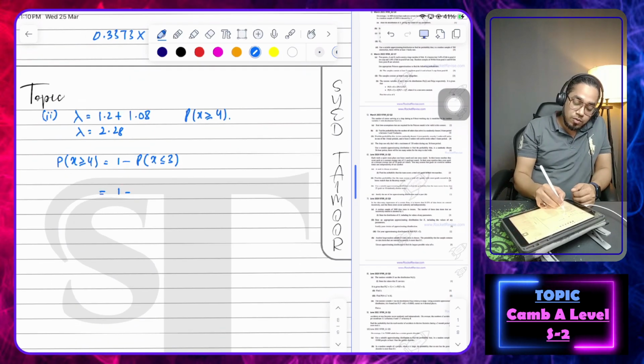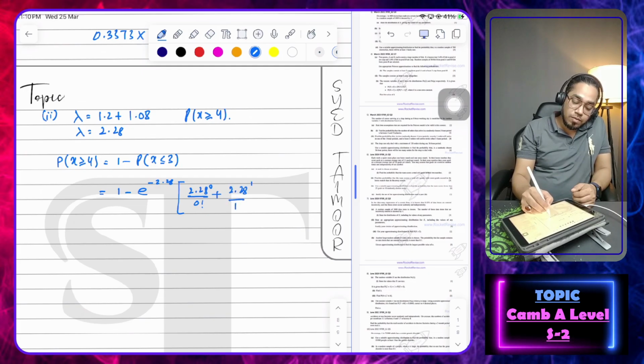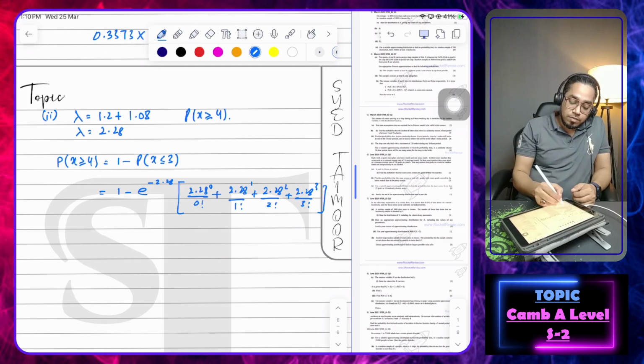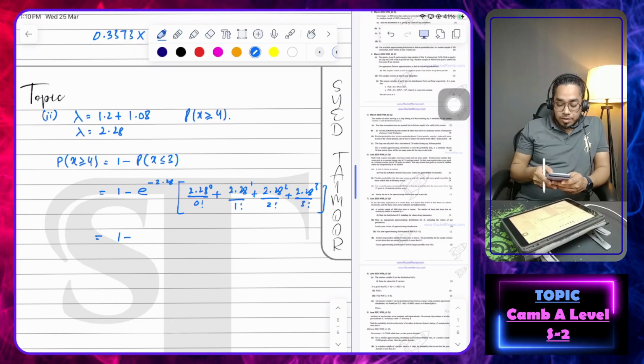So we can do 1 minus e to the power minus 2.28 times 2.28 to the power 0 upon 0 factorial plus 2.28 to the power 1 upon 1 factorial plus 2.28 squared upon 2 factorial plus 2.28 cubed upon 3 factorial.